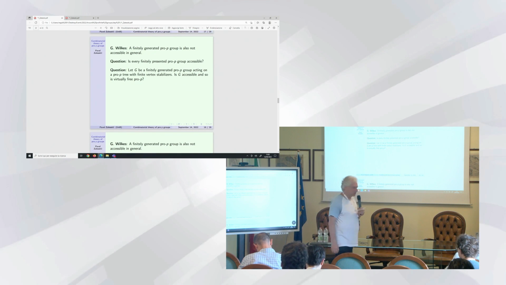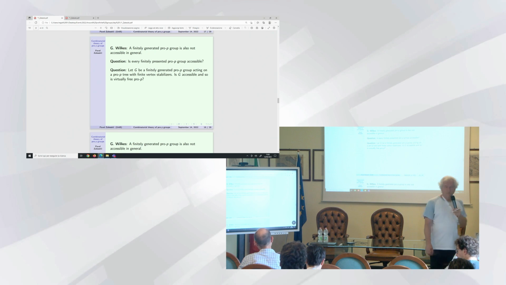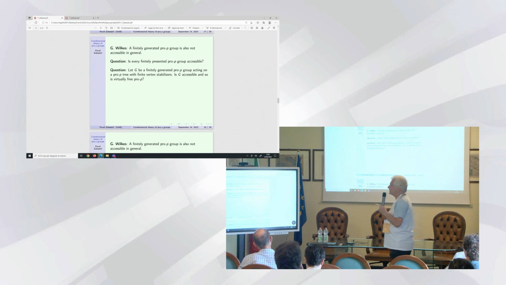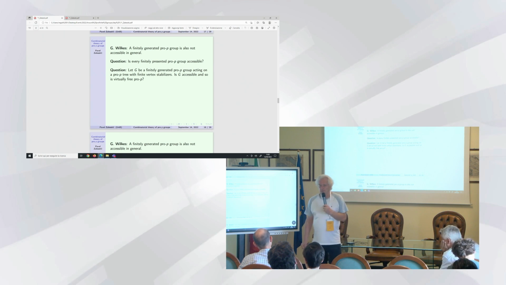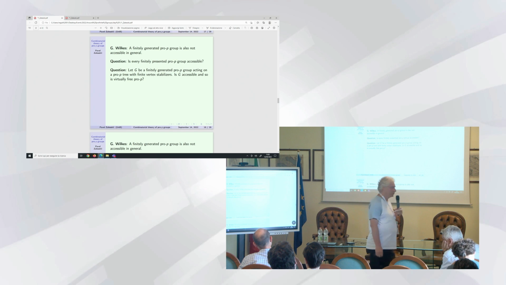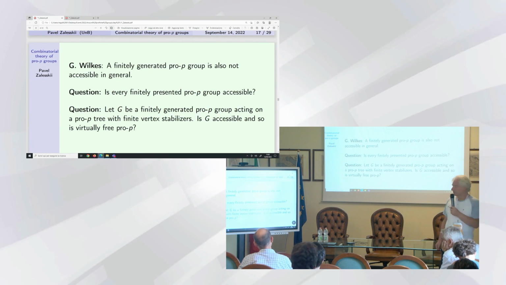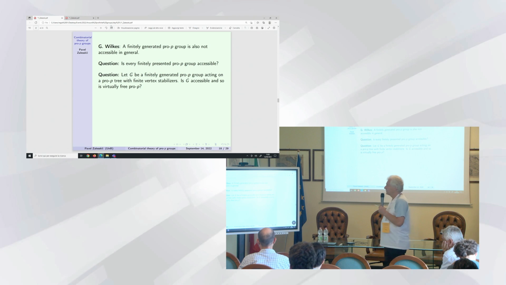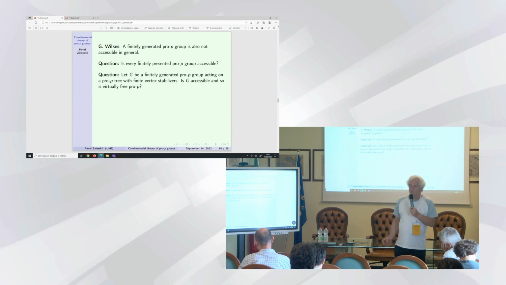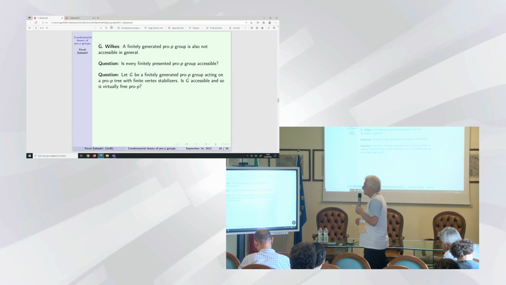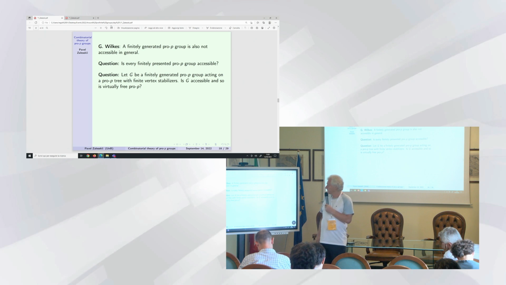I can mention two things. First, a finitely generated pro-p group is also not accessible in general. But for finitely presented groups, we have an open question. We don't know whether it is accessible or not. And in the abstract case, geometric group theory was used in a very essential way. So geometry played a role that we don't have in the pro-p case for finitely presented groups.